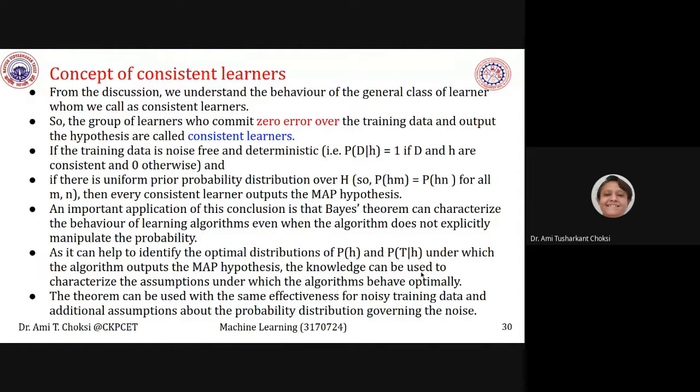The knowledge can be used to characterize the assumptions under which the algorithms behave optimally. The theorem can be used with the same effectiveness for noisy training data and additional assumptions about the probability distribution governing the noise, right?